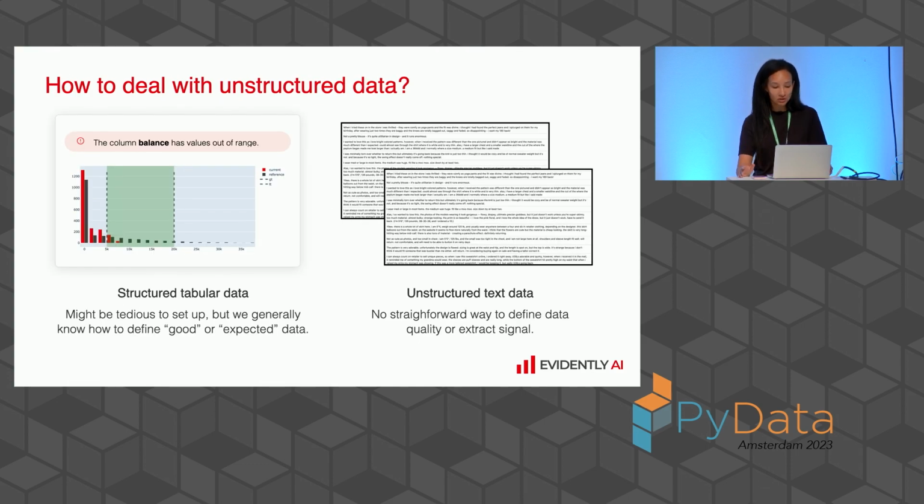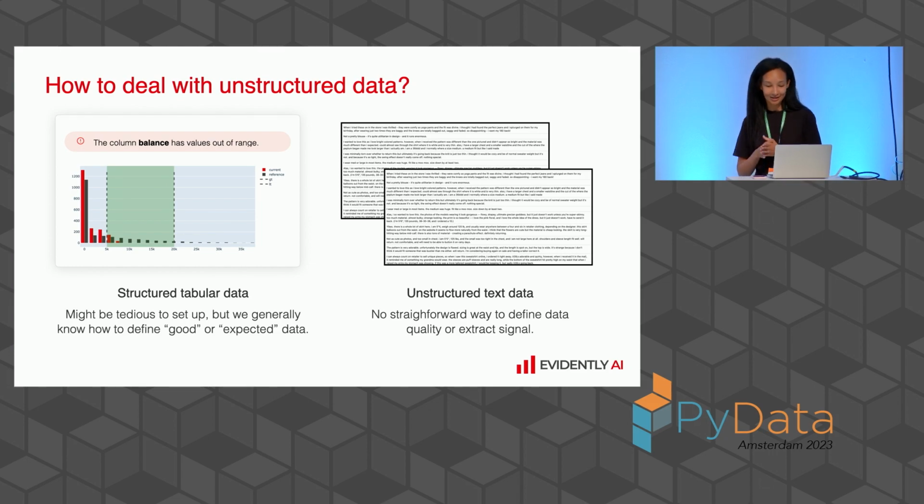So how to deal with unstructured data? Just to start from the structured data, when we have some tabular data, we can easily analyze each individual feature, right? We can calculate something like share of missing values. We can calculate tons of metrics about some range violations, especially for numerical features.